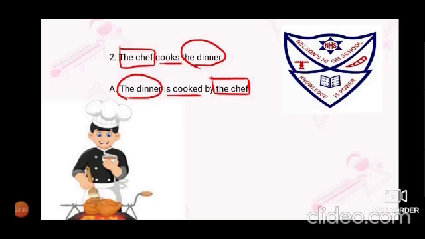Once these 3 things are done, the next thing is to bring the object ahead: the dinner. Again the verb is in the present tense, cooks, so that will have am, is, are, and the main verb will change into the third form, cooked. So the dinner is cooked by the chef. You have to take the subject, the chef, at the last.